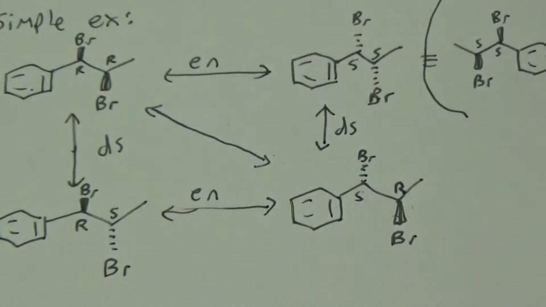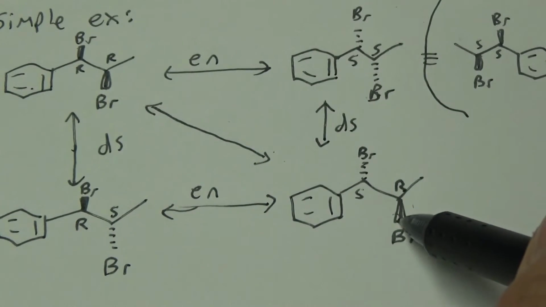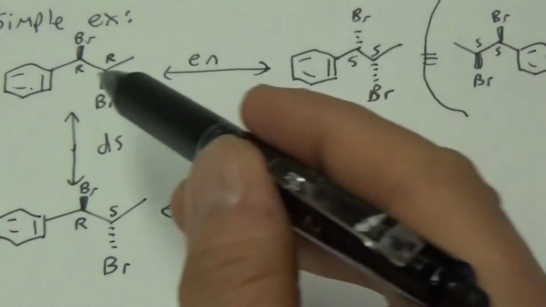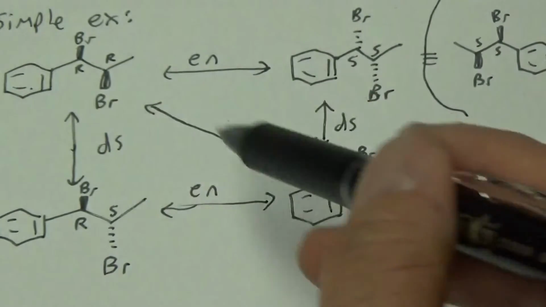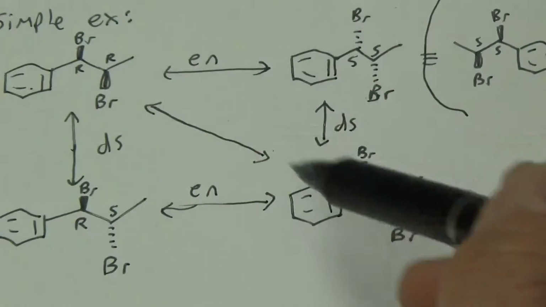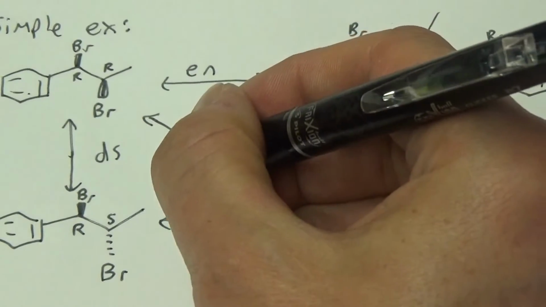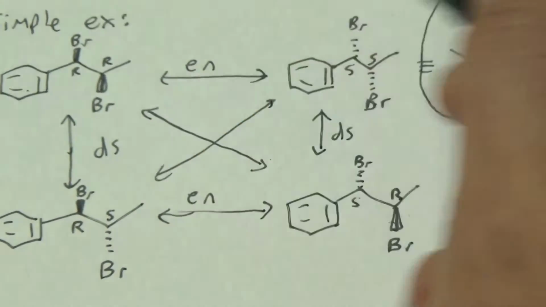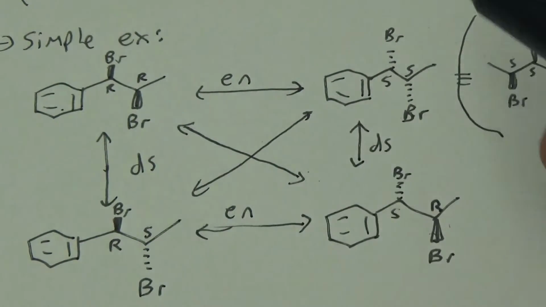RR to SR. So it's also going to be, if you're flipping not all chiral centers but like one, or anything but all of them. If you flip one of them, you go from RR to SR. Well, that's a diastereomer. What if we go these two guys? Bottom left to top right, that's diastereomer.